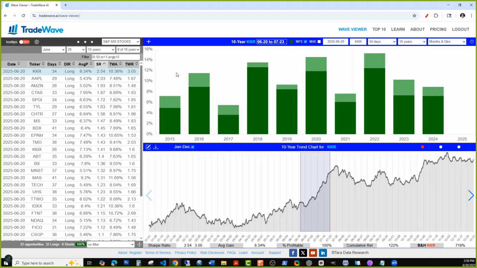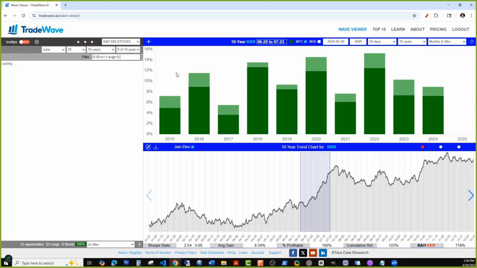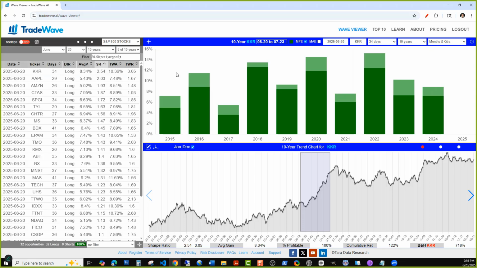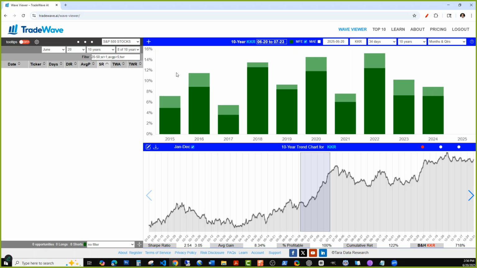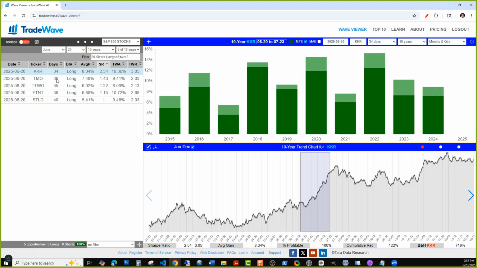And you can also say that here, maybe I want the TW ratio to be greater than 2. Then I end up with just 5. See that? Yeah, there you go.